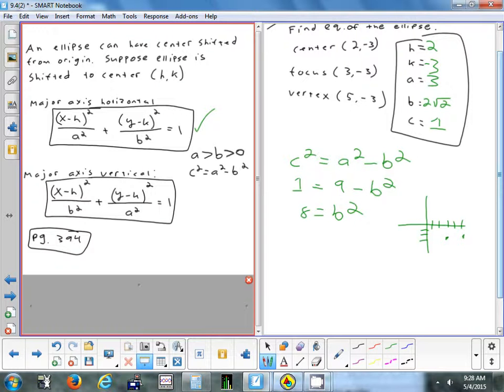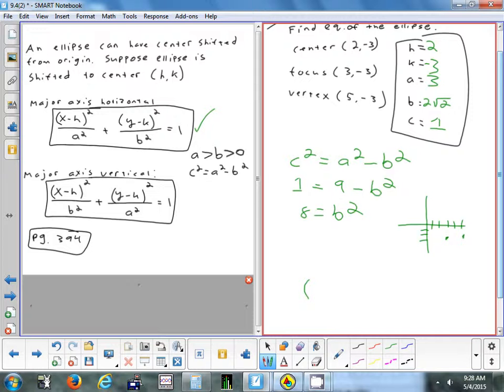Lasan, can you fill in my numerator for this ellipse? x minus 2. Yep, that's good. Over 3 squared. Yep, good. And then plus, well, 9. And then plus y minus negative 3. So what's y minus negative 3? Plus 3.